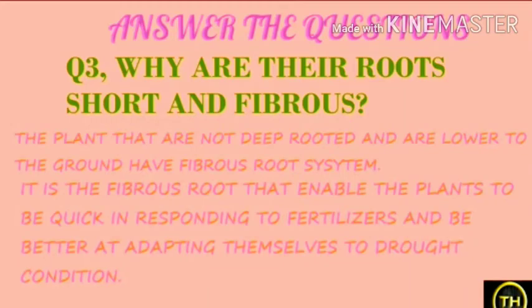Why are their roots short and fibrous? Answer is, the plants that are not deep rooted and are lower to the ground have fibrous root system. It is the fibrous roots that enable the plants to be quick in responding to fertilizers and be better at adapting themselves to drought conditions.